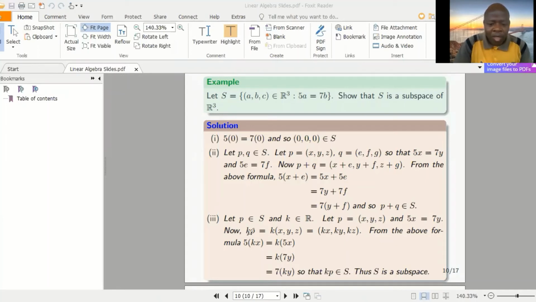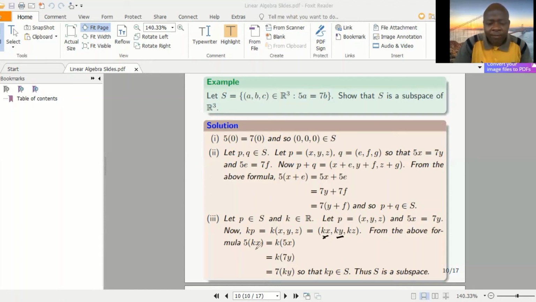So what will be the product KP? The scalar times this vector gives Kx, Ky, Kz. Now, what I want to show is that 5 times this first element gives me 7 times this second element.